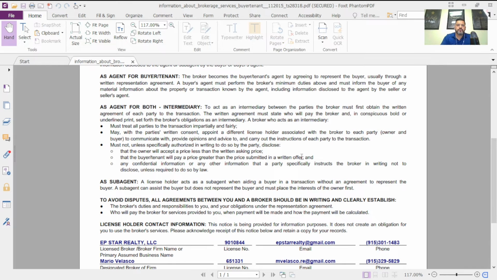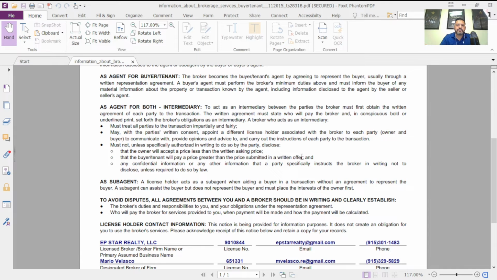And the fourth category, how you can work with a client, is working as a sub-agent. When there are buyers looking for a house and they want you to help them submit an offer, but they don't want to sign a representation agreement, you can help them submit the offer.